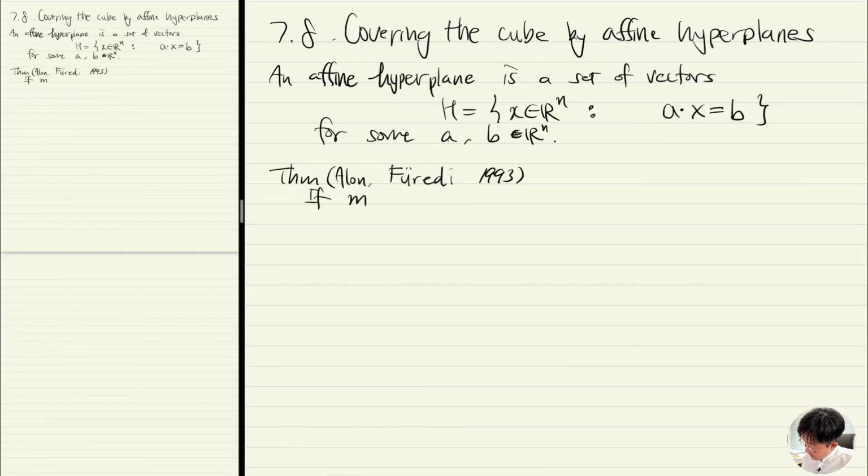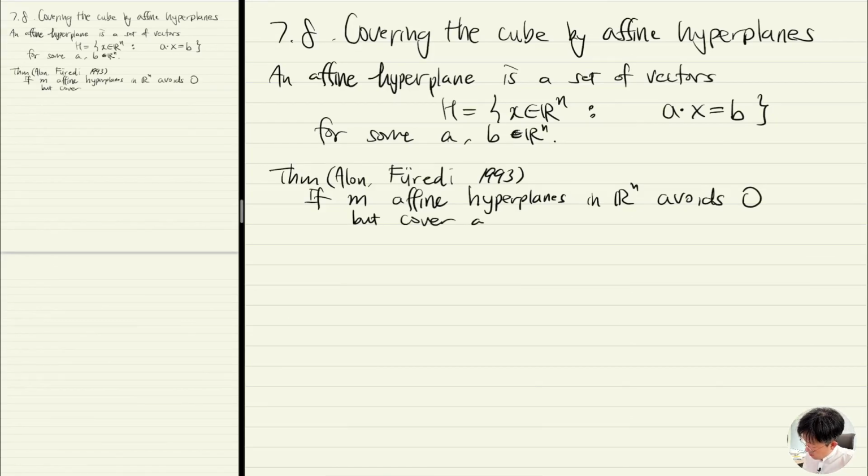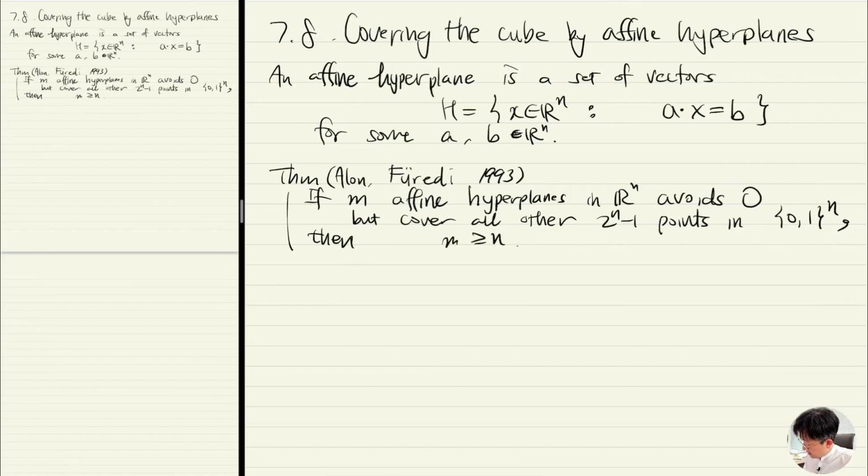If m affine hyperplanes in R^n avoid 0, the origin, but cover all other 2^n minus 1 points in this cube, then m has to be big, at least n. And if it's true, then this is tight.